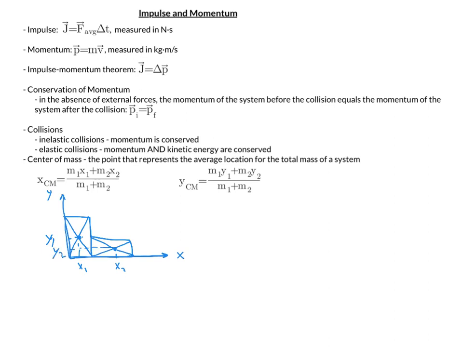So in the equation, what I mean is that I can multiply the center of mass in the x direction, so this distance, times this entire mass, plus this distance, the center of mass of the second portion, times the mass of this block, divided by the sum of the masses, so the mass of this entire thing, and find the center of mass of the object in the x direction.